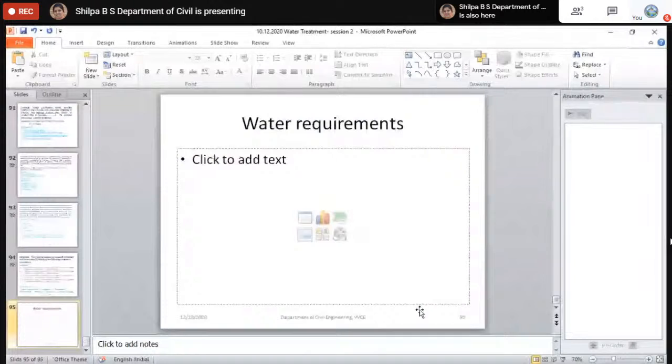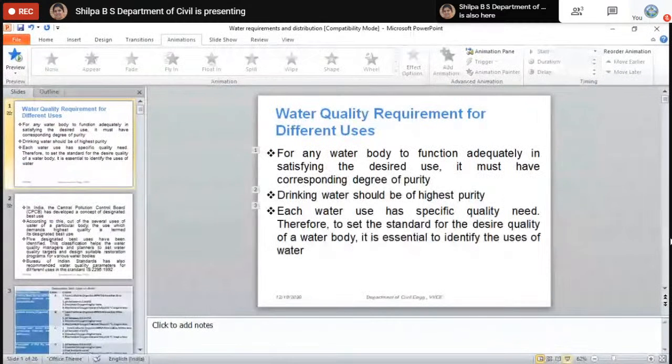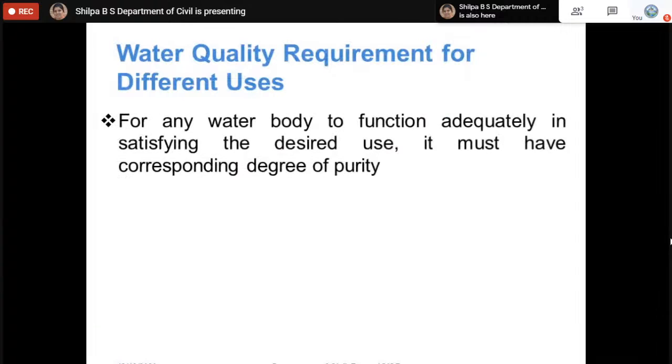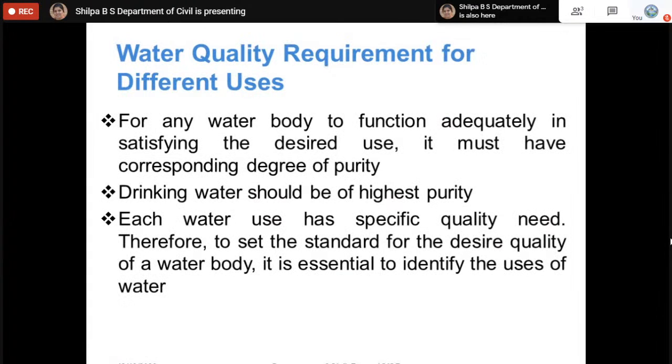Okay, so let's have a look at the water requirement. I will show you the important water requirements for different uses. Depending on the purpose for which we will be using the water, the degree of purity is going to vary. And as we all know, drinking water needs the highest purity water.